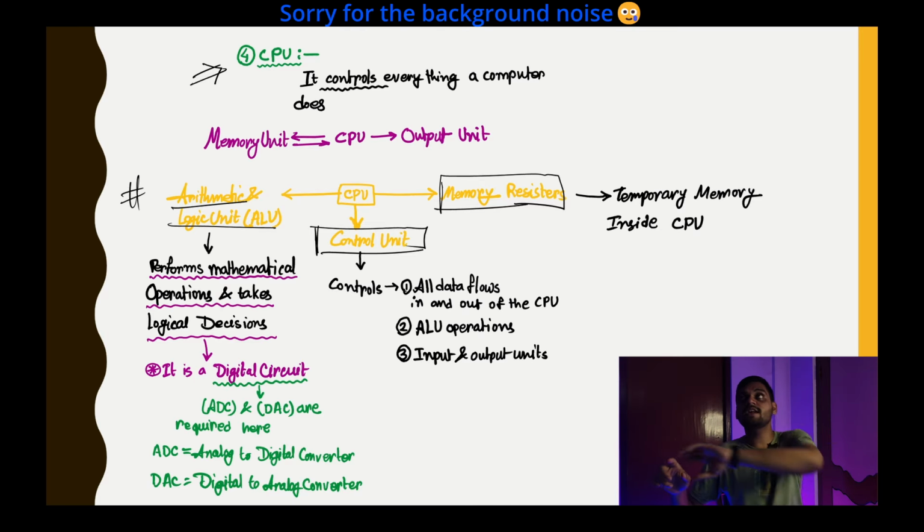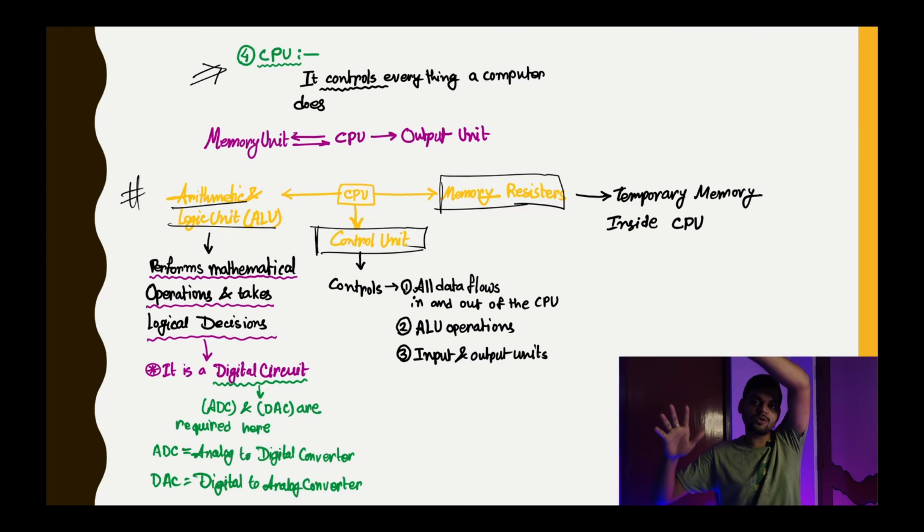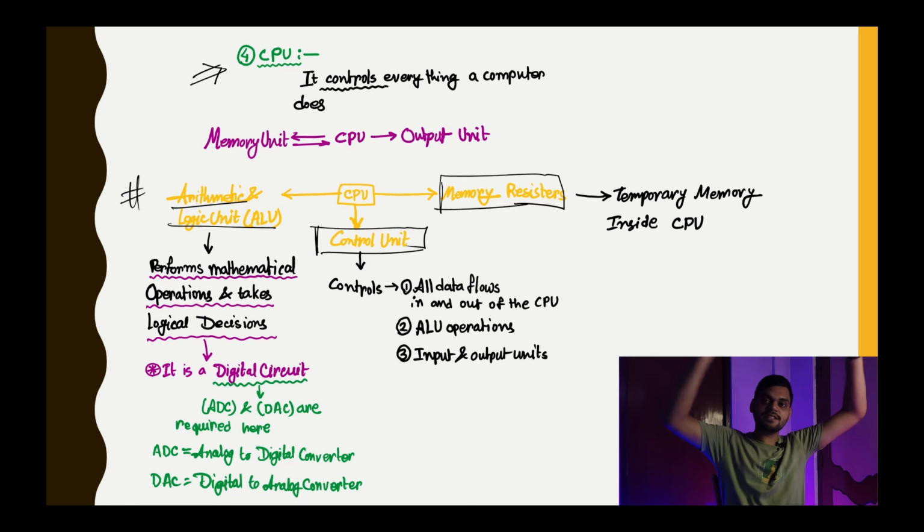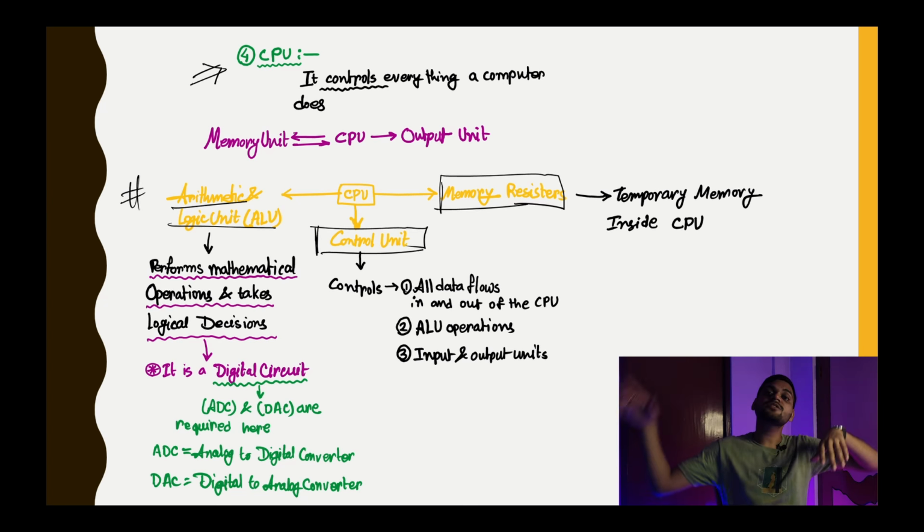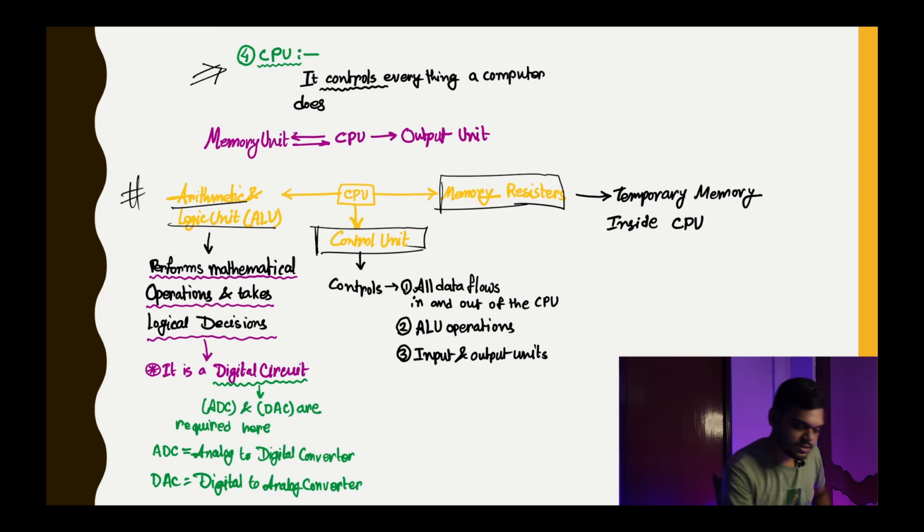After that the result gets to the output unit, and this step is also controlled by the control unit, and the output unit displays the data to us, that is also controlled by the control unit. The control unit follows and controls each and every data flow in the computer.